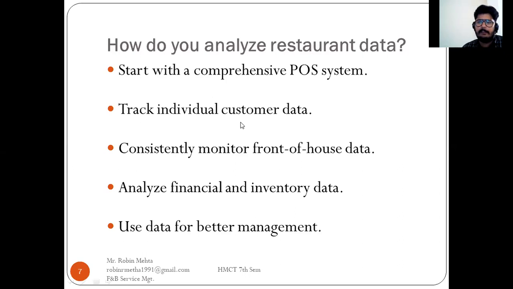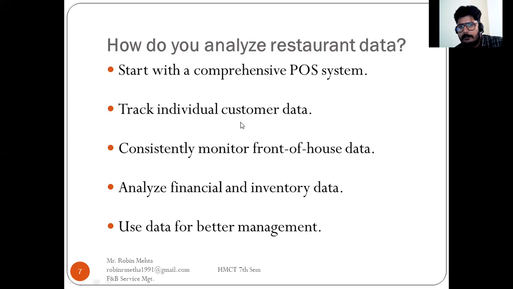Like financial and inventory data, how much financial things we did in the last few days or last few years, whatever data we required. And inventory data means the inventory sheet is marked in this particular area, and we purchase these things at this particular amount, and this particular amount is served to the guest.